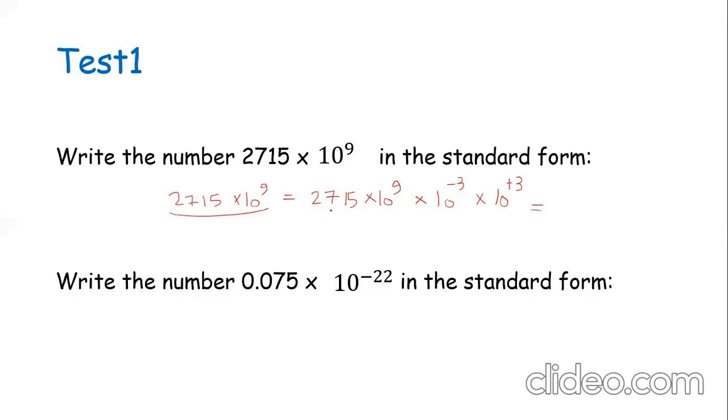And this is equal to 2.715 multiplied by 10 to the power of 9 and by 10 to the power of 3. And this will give me 2.715 multiplied by 10 to the power of 12.